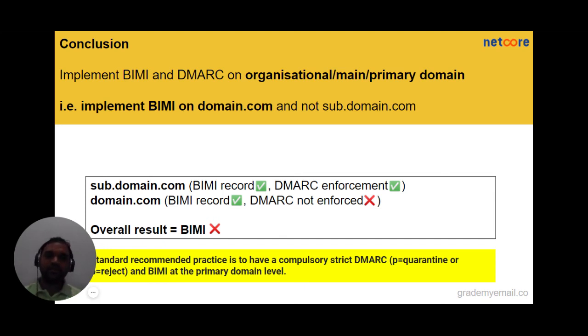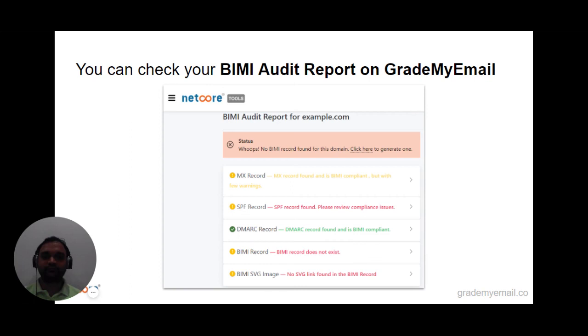So the standard recommendation is to have a compulsory strict DMARC. When I say strict DMARC, the value of p should be quarantine or reject, and both DMARC and BIMI should be implemented at the primary domain level, that is the organization domain.